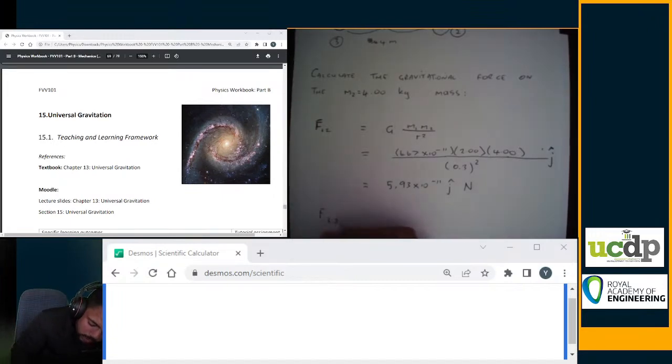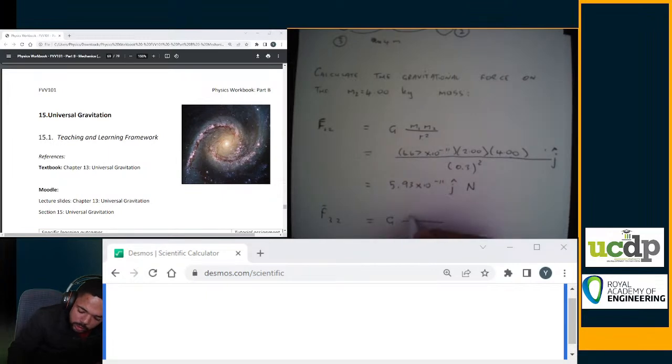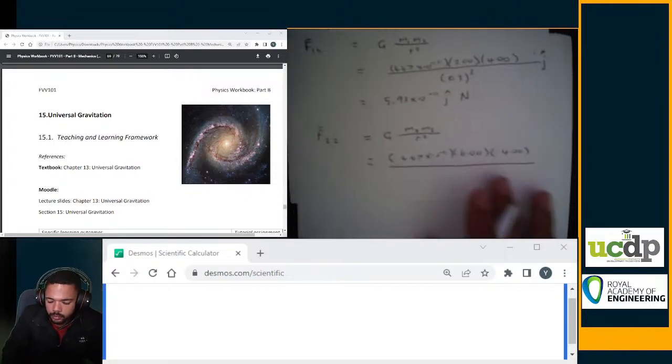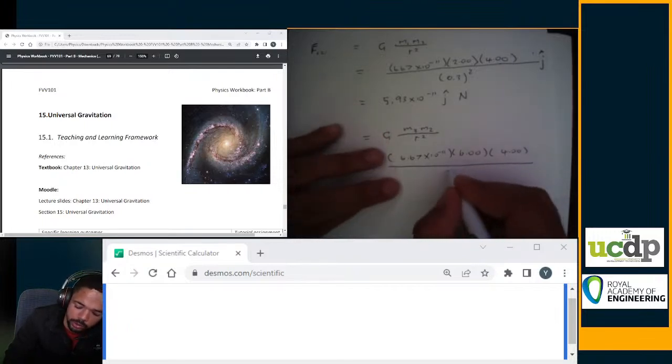Okay, the force that 3 exerts on 2. We calculate it the same way: the gravitational constant multiplied by the mass of 3 times the mass of 2 over the distance between them squared. The gravitational constant, 6.67 times 10 to the negative 11, multiplied by the mass of 3, which is 6 kilograms, multiplied by the mass of 2, which is 4 kilograms, divided by the distance between these two spheres, which is 4 meters, and we need to square that.